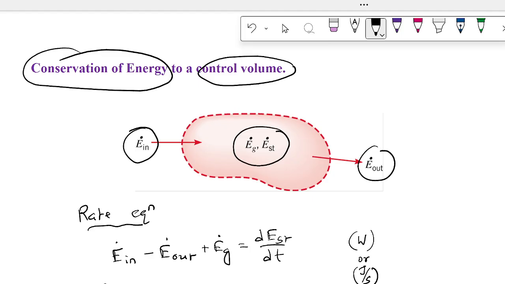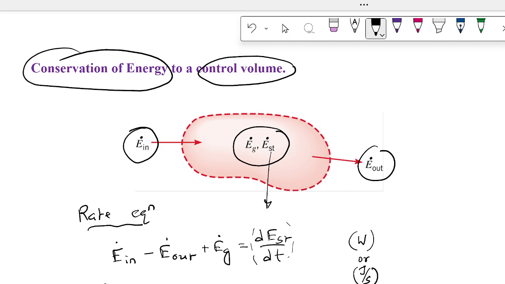Then EG, that's module number 3, energy generation. Finally, E dot st means energy stored. By the way, this is the same as E dot st.